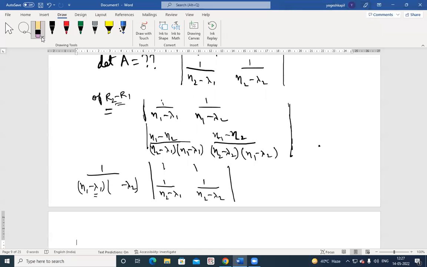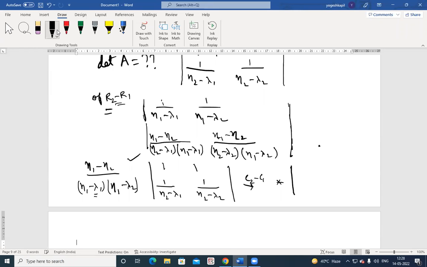Eta 1 minus lambda 2 is common from the numerator of the second row, eta 1 minus eta 2. Then I can apply one more operation, which is C2 minus C1. Apply that and I get this factor out. This is already there.